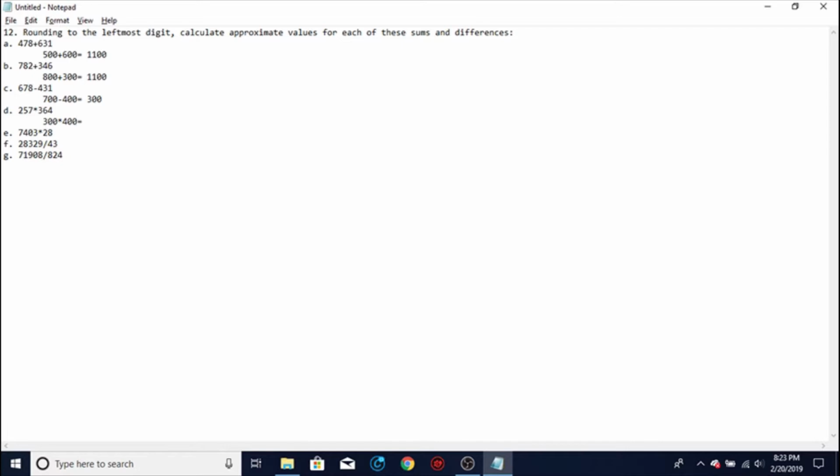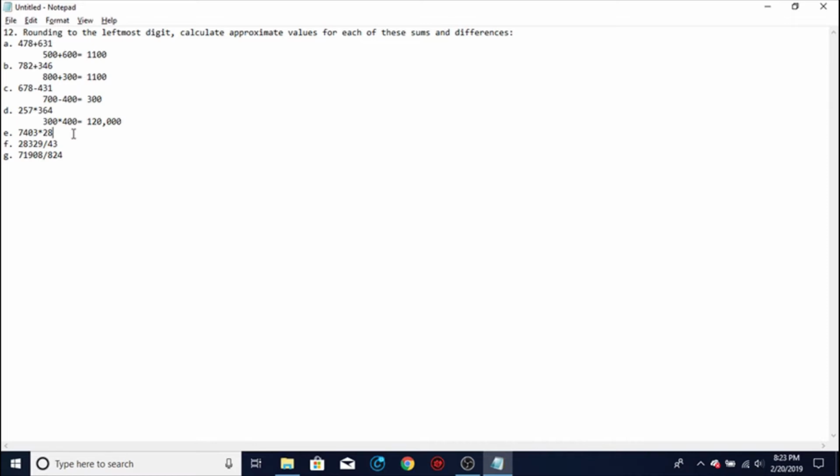And then all you do is pull out your calculator if you need it, or this is fairly basic math, but you do 300 times 400, and you would get 120,000. There you go.